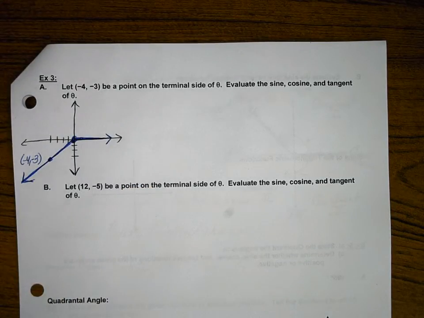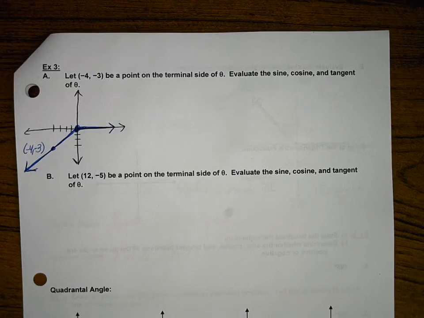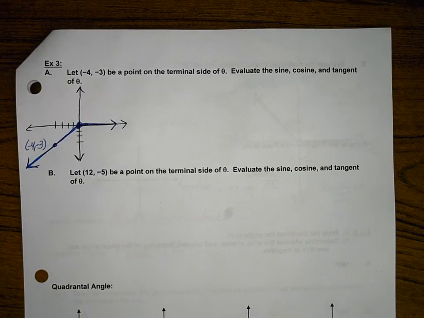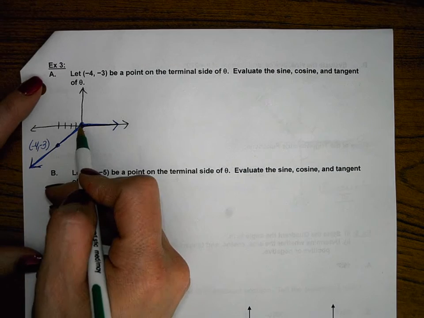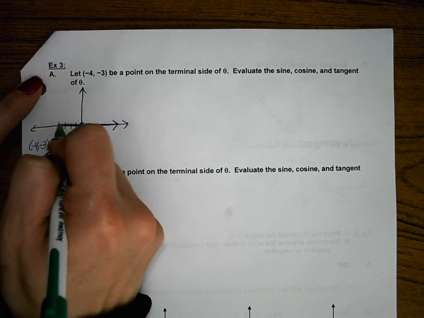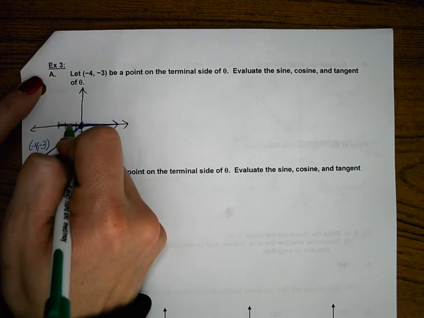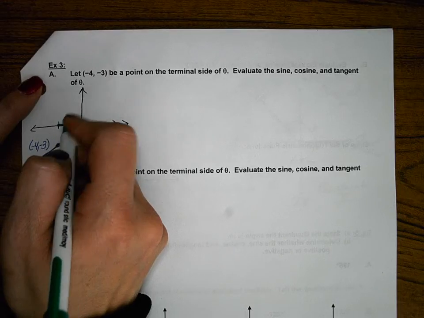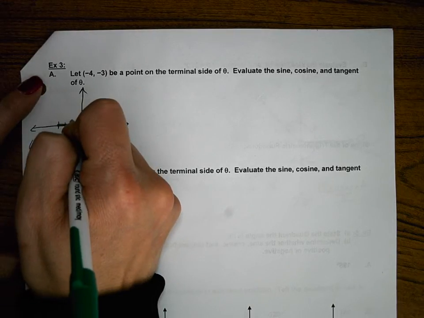Everybody with me so far? Okay, now I've got to build my triangle, and the way that I build my triangle is, how did I get to that point? I moved left 4. What am I going to call that side? -4.